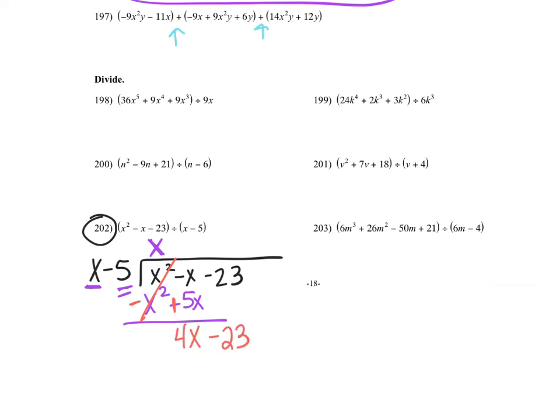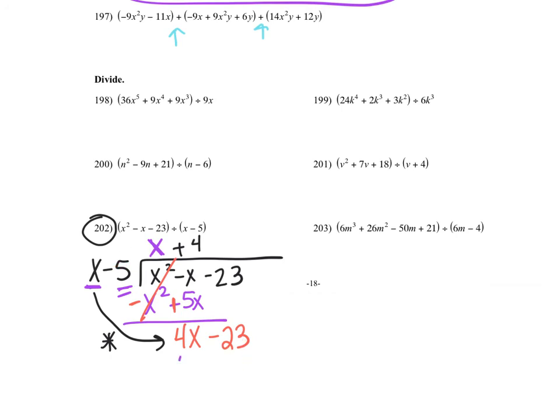Now you have to figure out x times what is going to equal 4x. I believe it's 4. So 4 times x is 4x. And then 4 times -5 equals something down here.